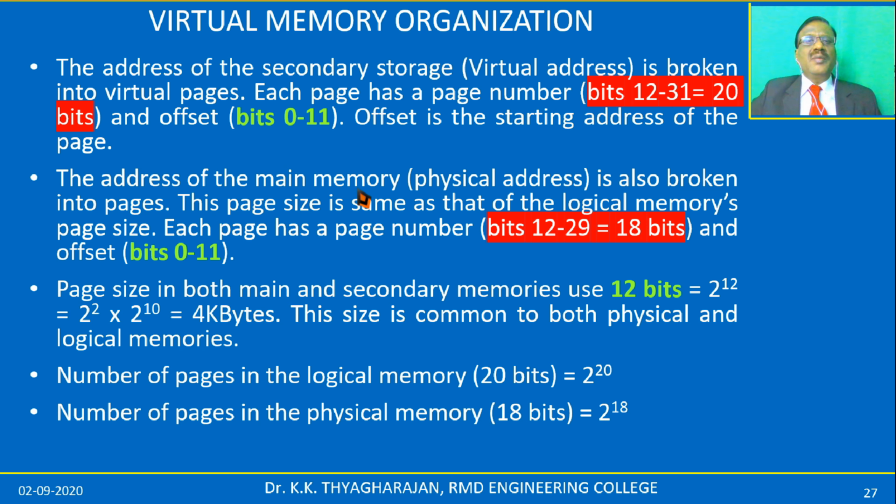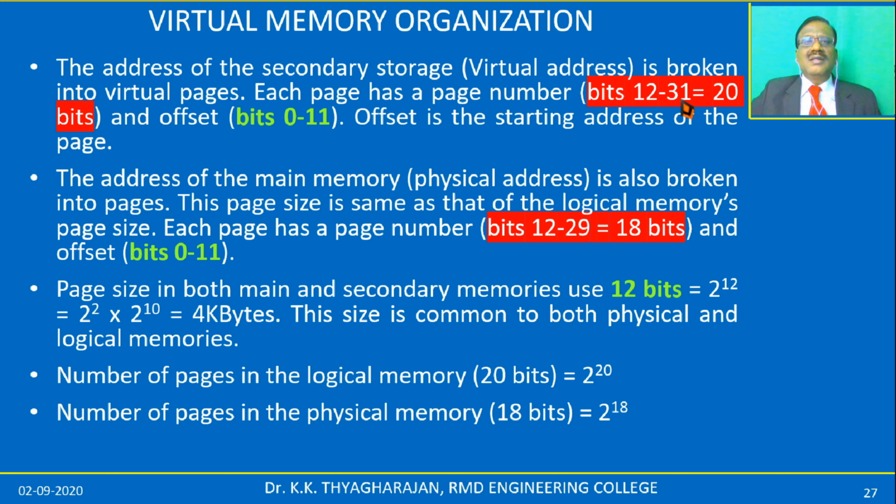The address of the main memory, that is the physical address or the RAM address, is also broken into pages. This page size is same as that of the logical memory's page size. Each page has a page number, but here you observe the number of bits used to indicate the page number will be 18 bits.